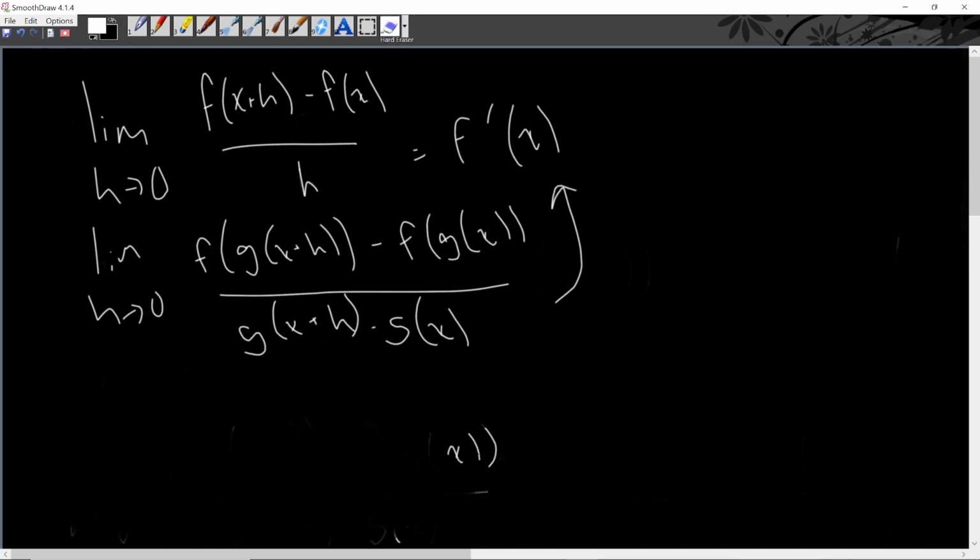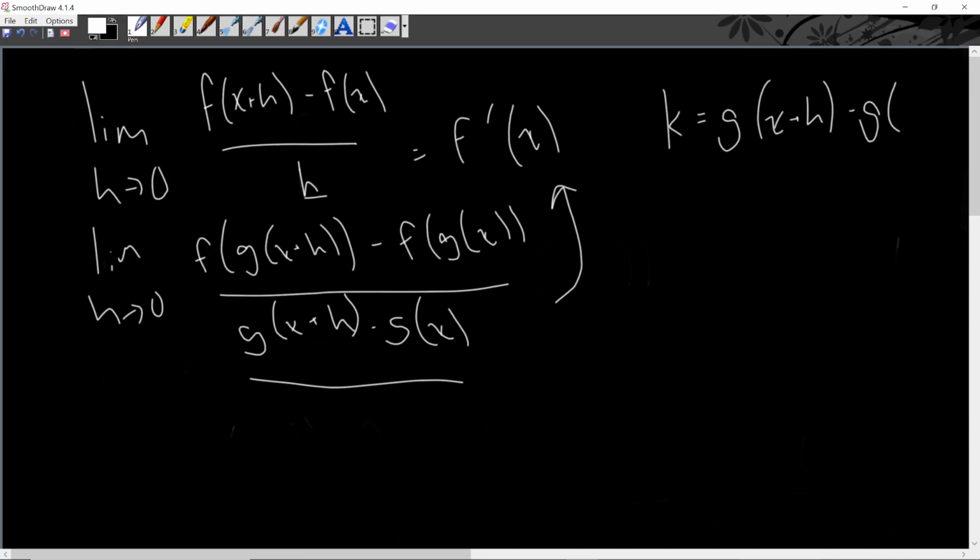And one way to do that is that we can see that in our top we have one single variable as our denominator. And if we wanted to do the same thing here, let's come up with a variable. We'll call it k, and we'll say that k equals g of x plus h minus g of x.